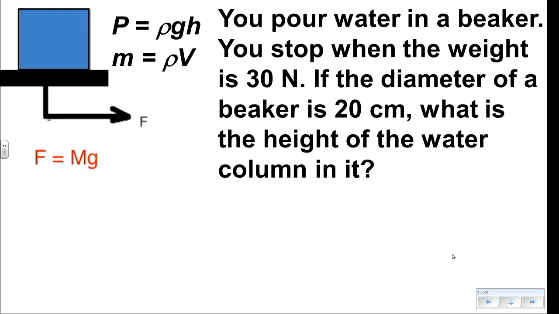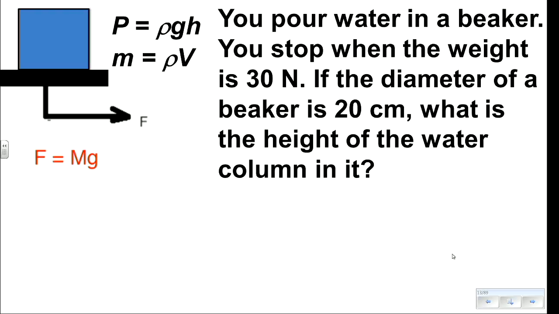Well, okay. Let's solve it very quickly. We know what to do. It's basically the same problem we have solved before, and now we can do it differently. We can calculate mass and then calculate volume, or we can just use something else, like pressure.